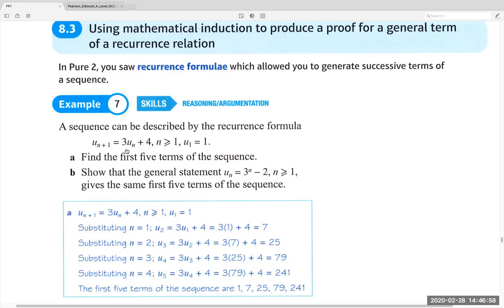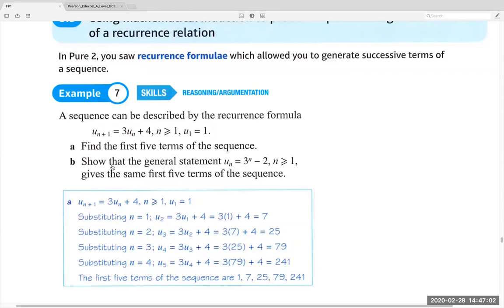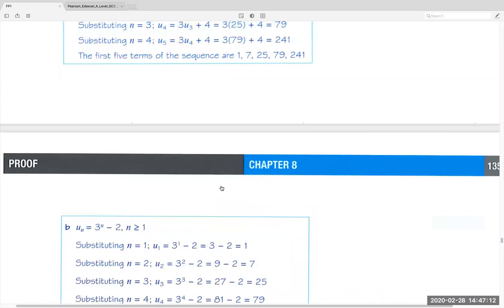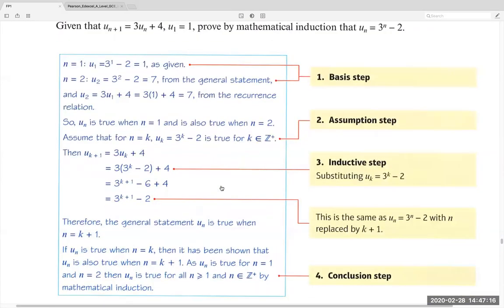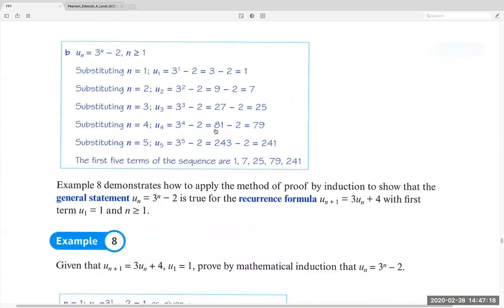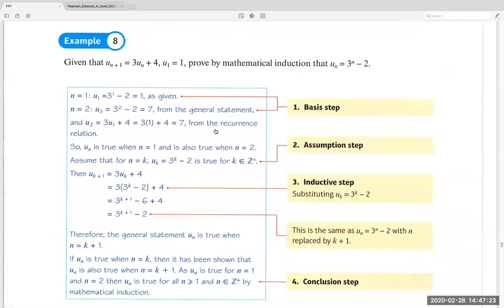We learned it this year. So it asks you to show that the general statement of this one gives the same first 5 terms of the sequence. Okay, skip the last one.